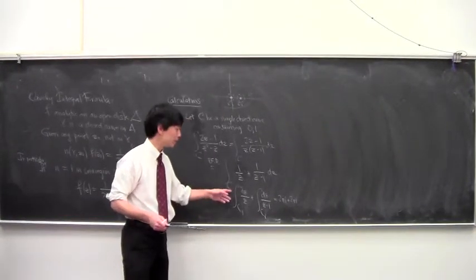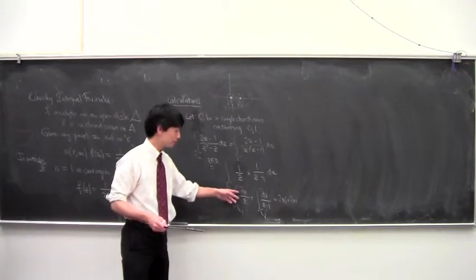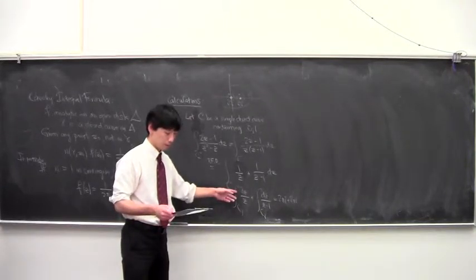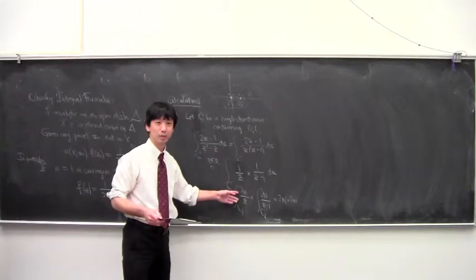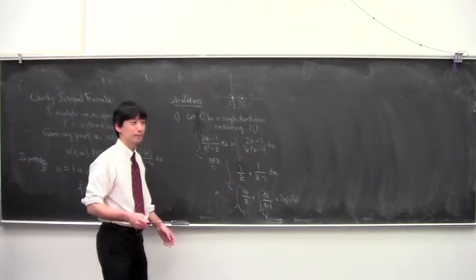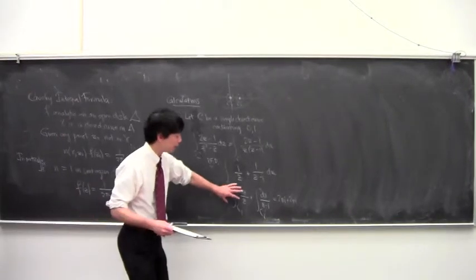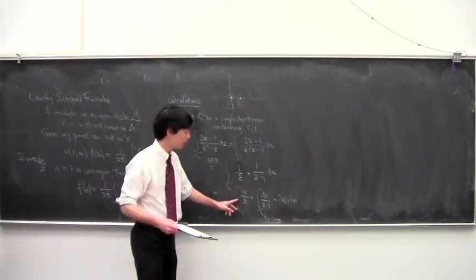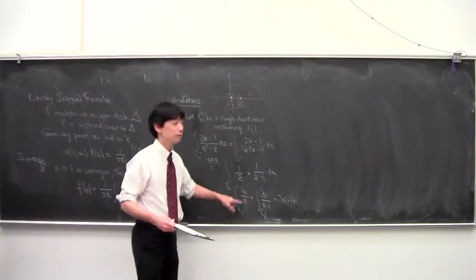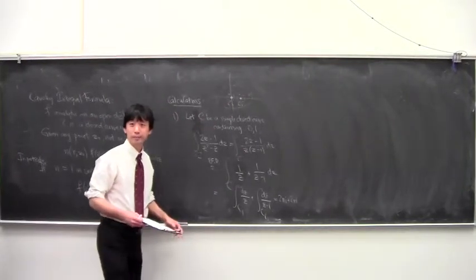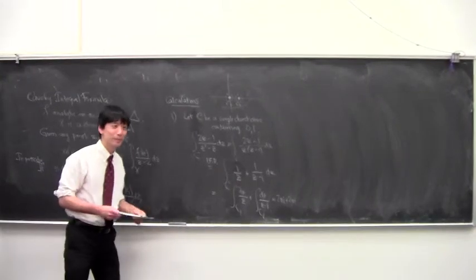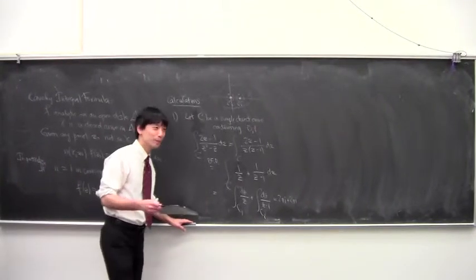Or you think of it as 2 pi i times the winding number, which is 1. 1 over 2 pi i of this would be the winding number of this curve around 0, which is 1. Is everyone all right? Okay, good.